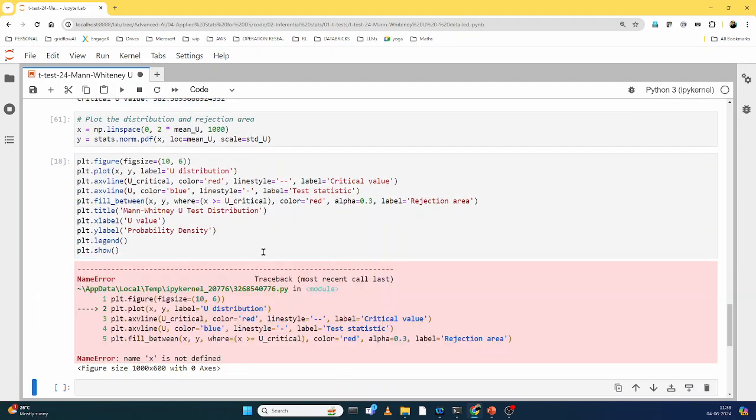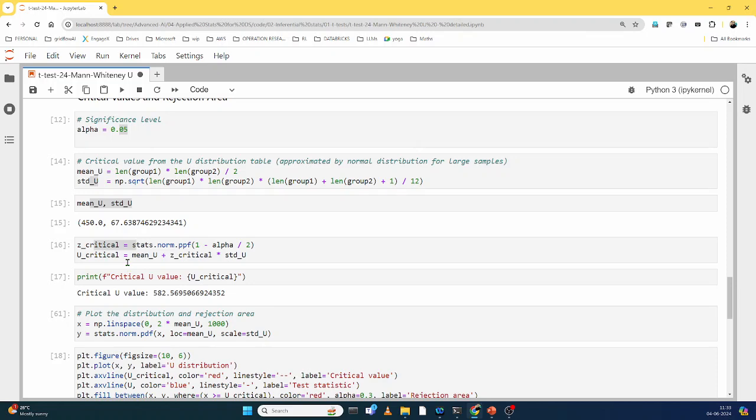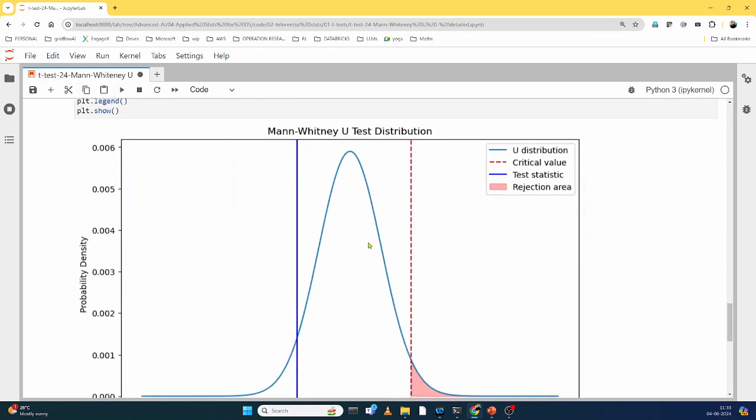I need to define the x here, just one second. Yeah, so this is the plot. My rejection region is on this side, and the red line is my critical value. If your test statistic falls on the right-hand side of this, then we have a case of rejection. But if our test statistic falls on the left of it, that means we cannot reject.